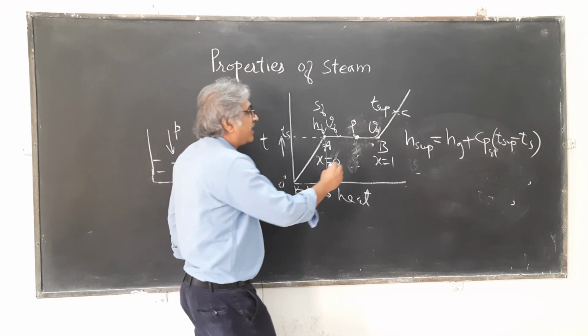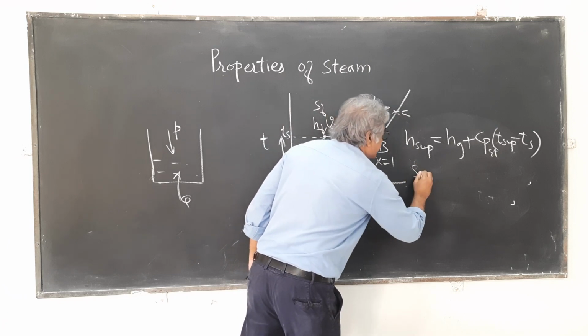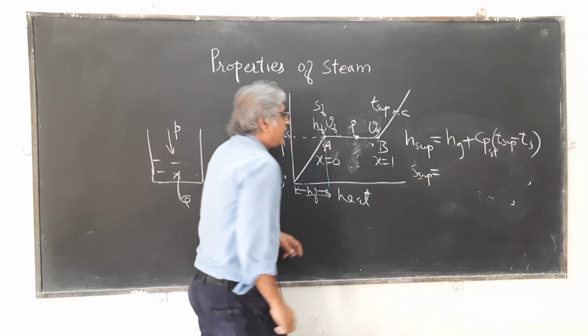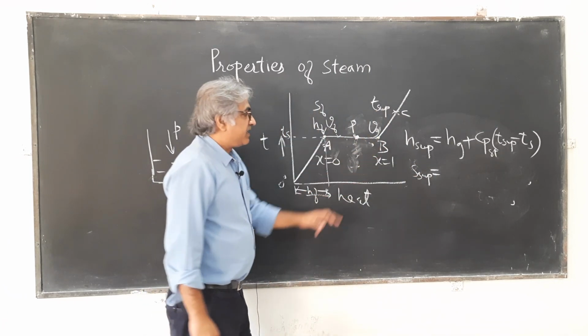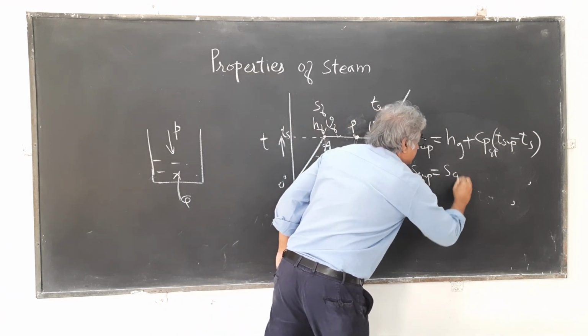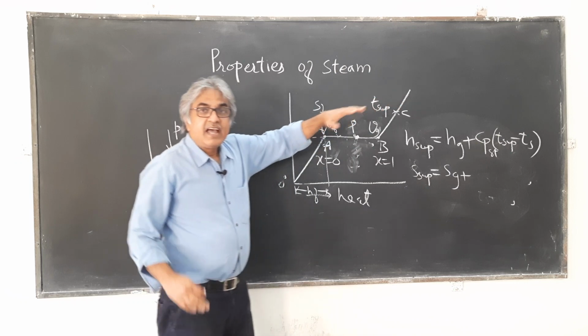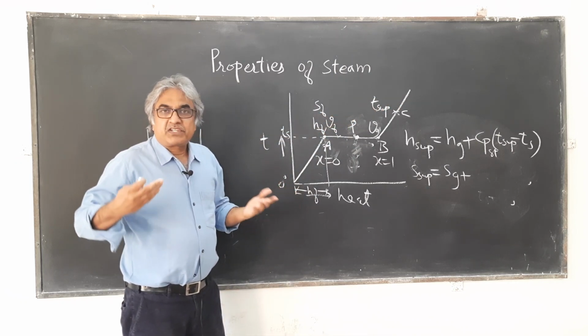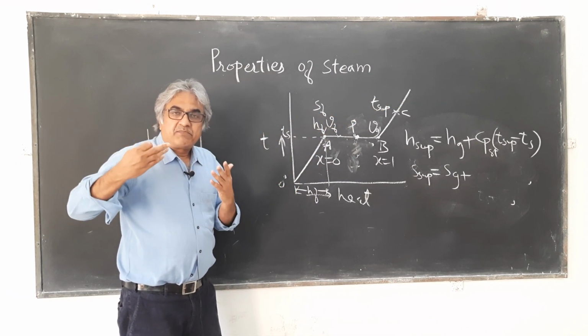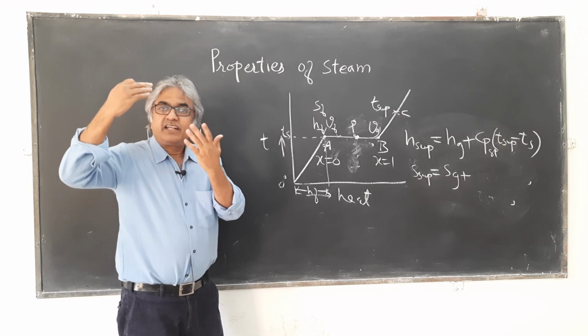Similarly, if you want to find the entropy of superheated steam, how will you do this? You already know the entropy here, this is Sg, which we have already calculated. Plus you are adding heat and the temperature is changing. The expression for entropy change when the temperature is changing is Cp ln T2 by T1.